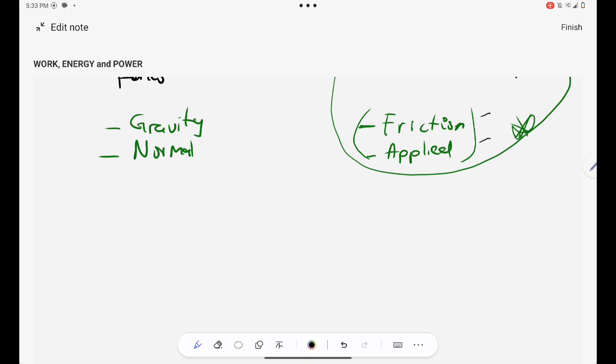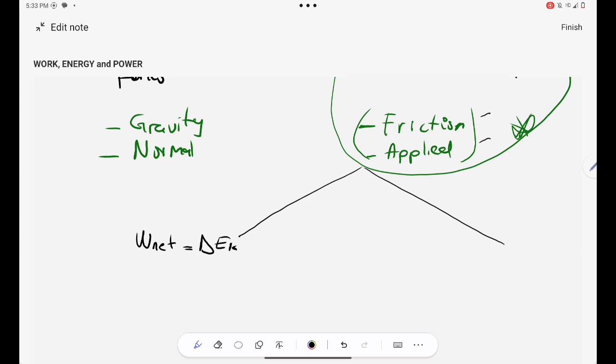Whenever mechanical energy is not conserved, there are tools we use to calculate our physical quantities. We can use the work energy principle. It simply says the net work done on an object is equal to the object's change in kinetic energy.